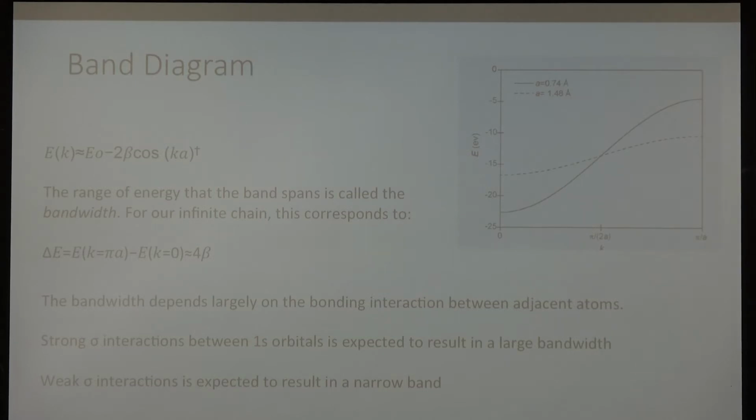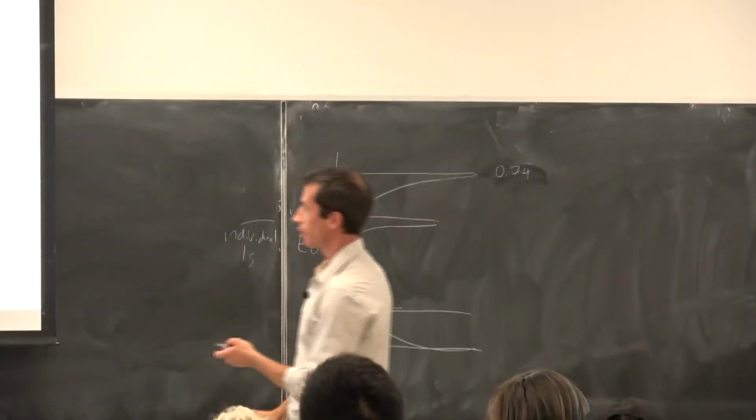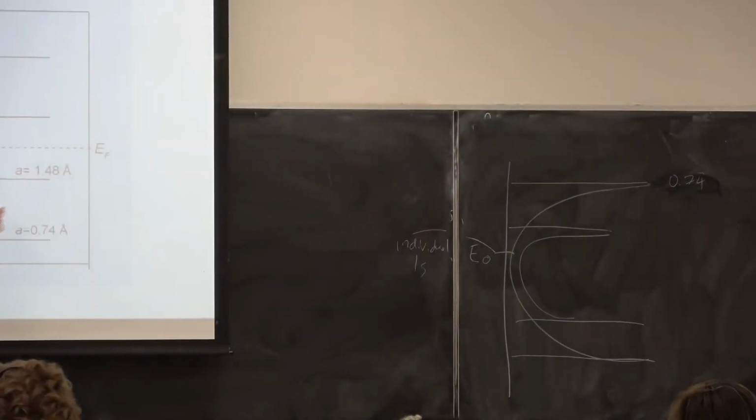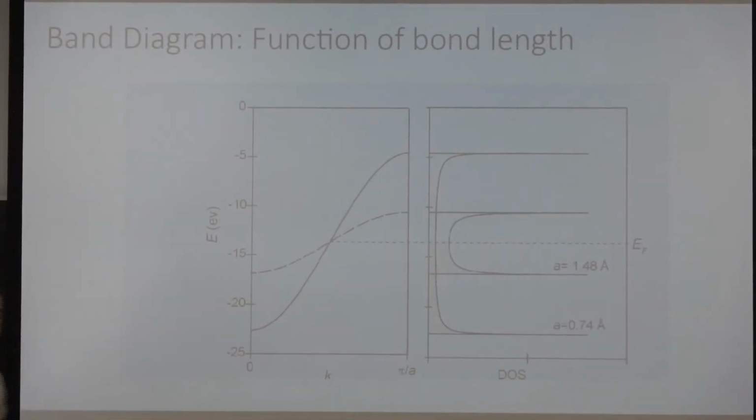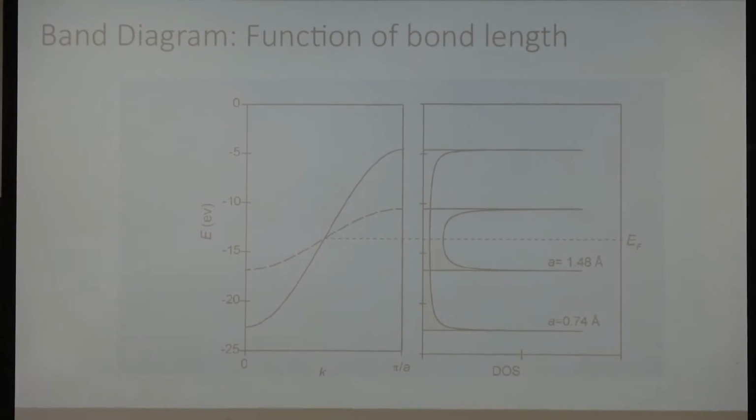Again, because we're going closer to the concept of an individual 1s. And so that's what this looks like right here. As they become farther apart, you tighten it up closer towards the center. Okay?